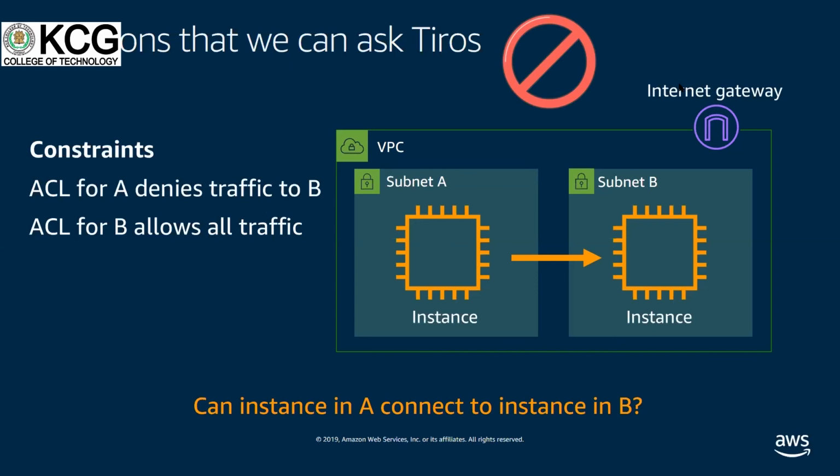Because the ACL for A denies traffic to B, you can't connect to this particular instance. Even though the ACLs for B allow all traffic, it still gets stopped at the server A or instance A level, right? And that's how the automated reasoning group really works.